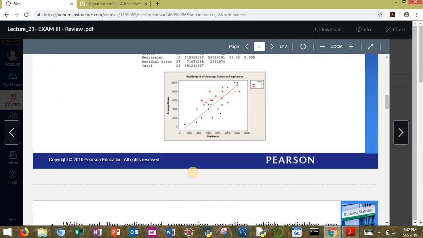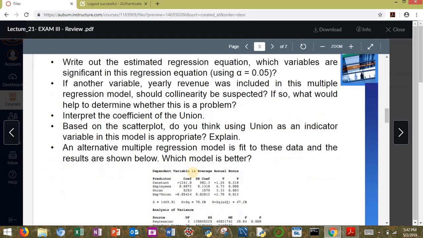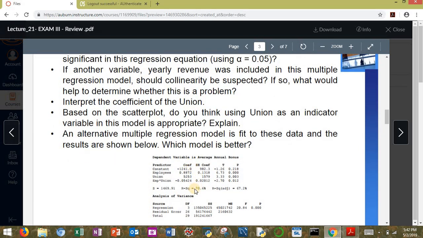And then obviously if you go down to the new model they gave us, the R squared value jumped up to 70.6%. So it's easy to see that the second model has a higher R squared value. It's closer to 100. So it is more accurate than the original. Another thing that you might notice is they added a new variable, employees times union.